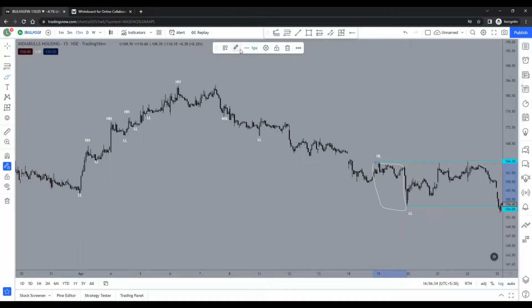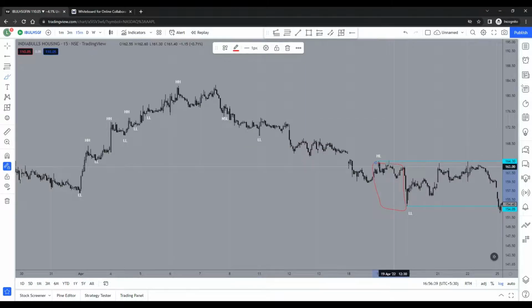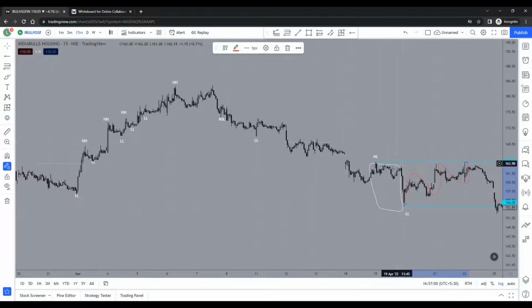Okay, now, let me change the color. Sorry, not this one. All this price movement here is the retracement of this white swing, but still this higher high is not breached by this retracement.